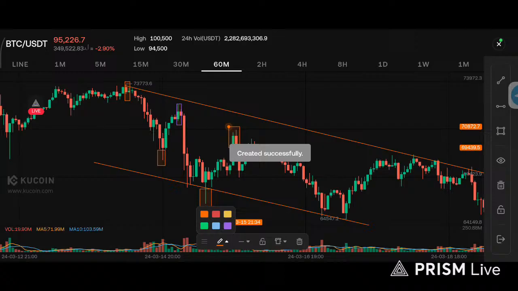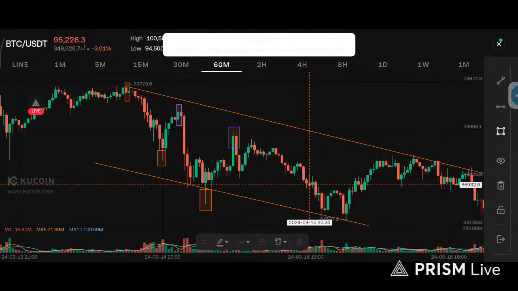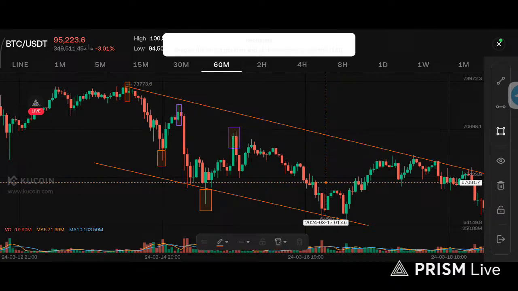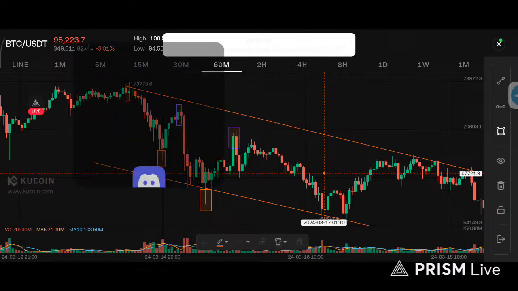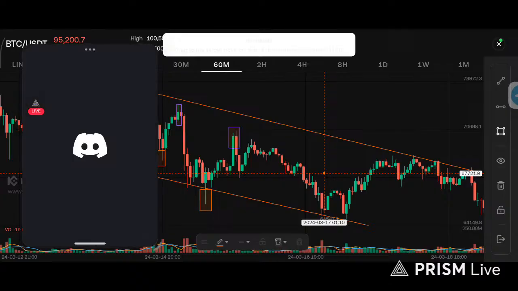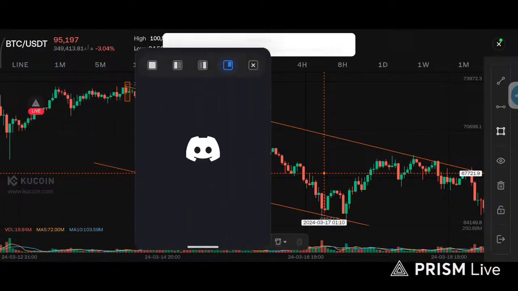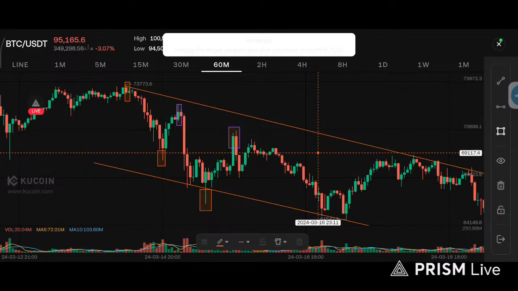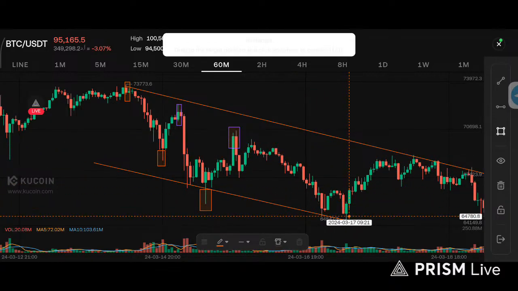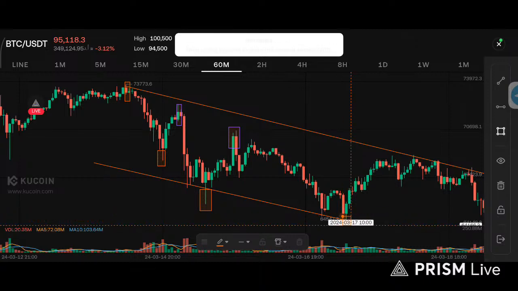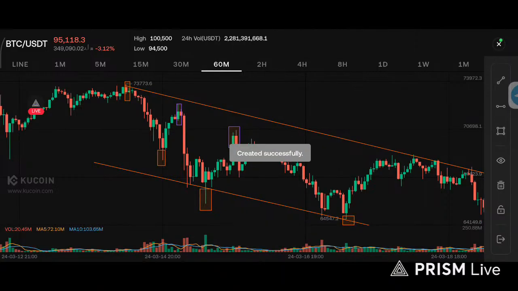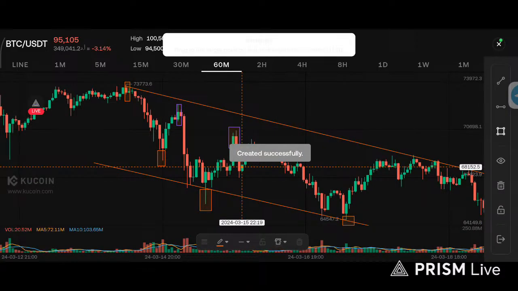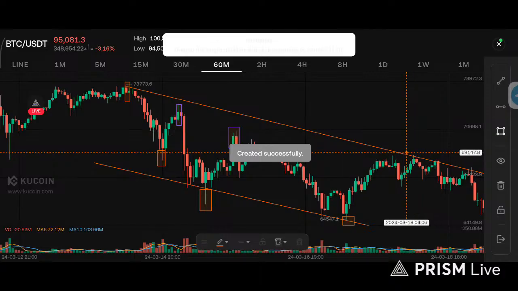Now this other one is our lower low, and this is another lower high.